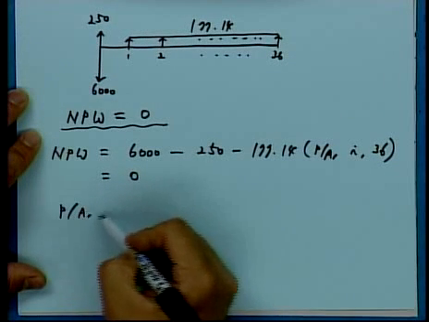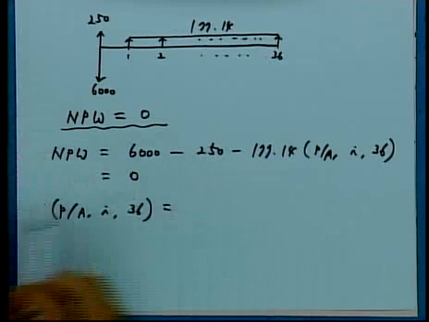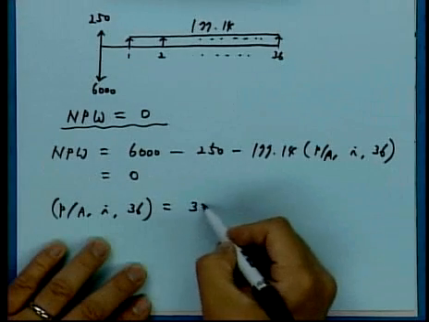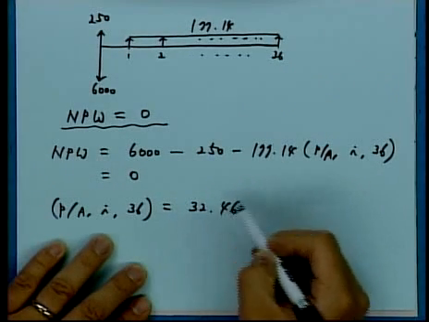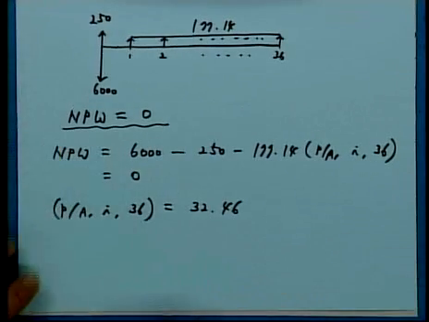So P given A, I% over 36 months would be $32.46. Okay.